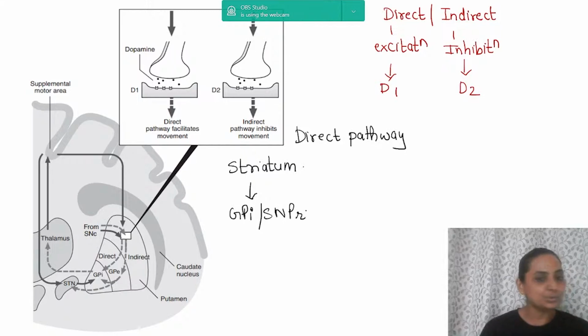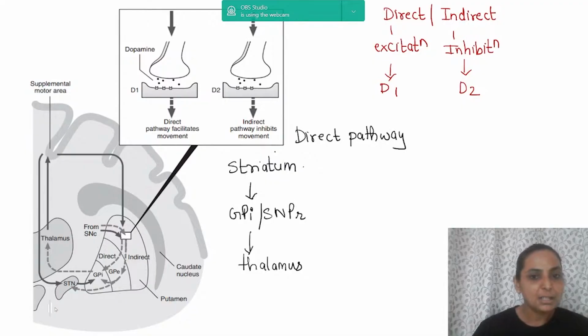I already told you that the globus pallidus internal segment and the substantia nigra pars reticularis function as a single entity, or functionally they work together. And then there is going to be the thalamus. So this is excitatory. And how is it excitatory? Let us make it very, very simple.